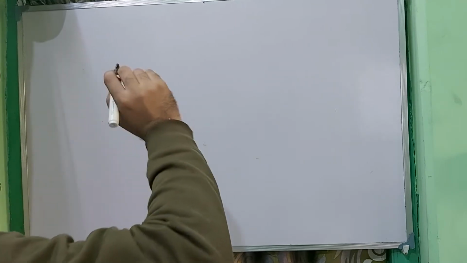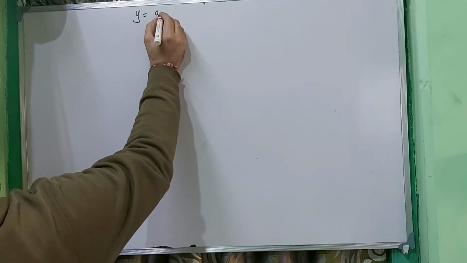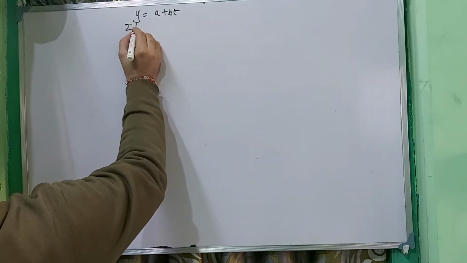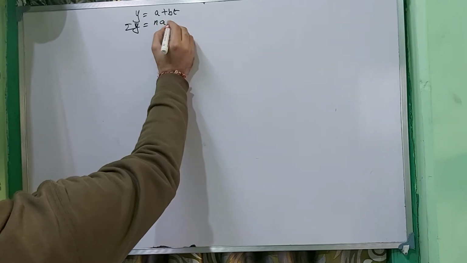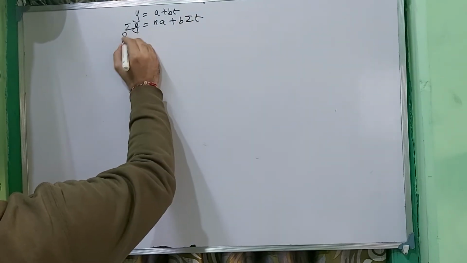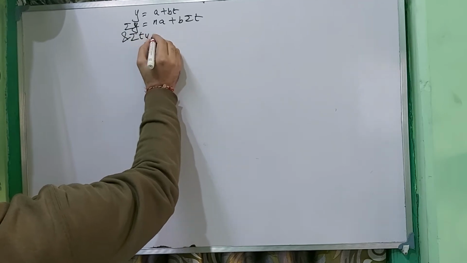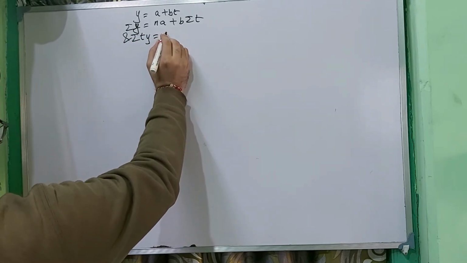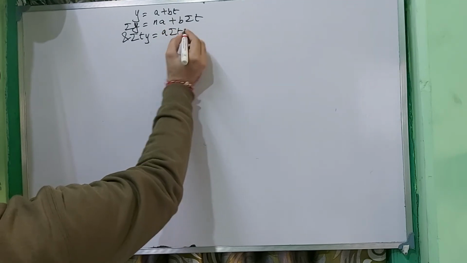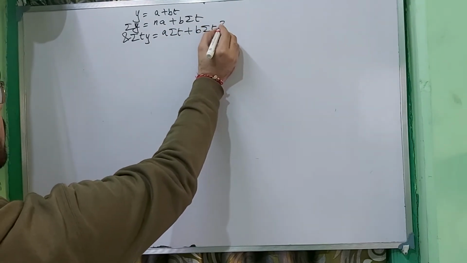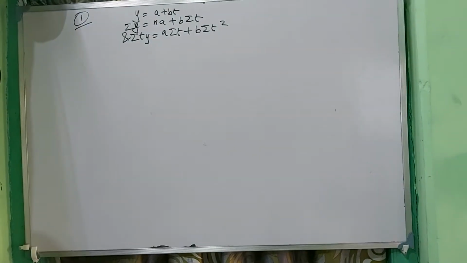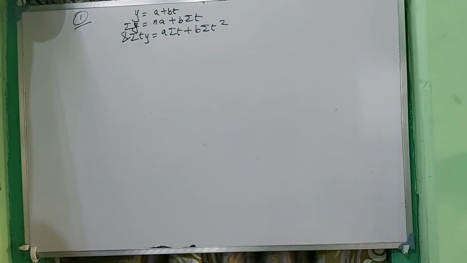So on that basis, this is basically a linear trend, and the equation we know is y is equal to a plus bt, where summation of y is equal to na plus b summation t, and summation of ty is equal to a summation t plus b summation t square. This is basically the formula which we need to use in this straight line trend.